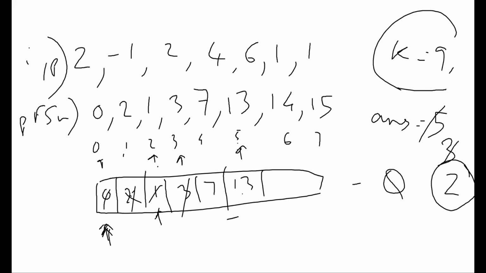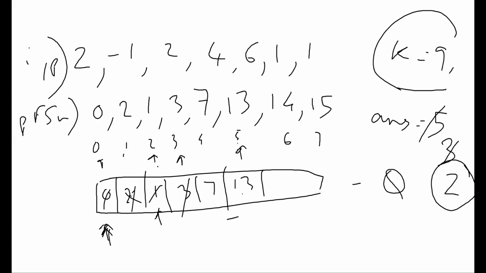Rishabh, go ahead. Sir, how are we ensuring that in this case we got the answer as 2, but in the further part of this array, we could have a better answer? We haven't seen the rest of the array.